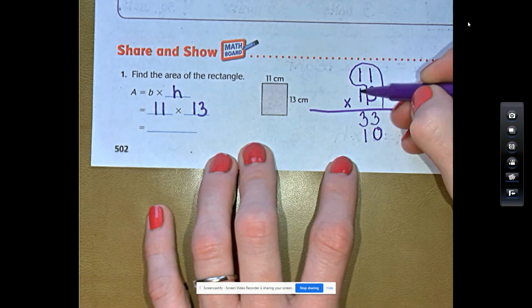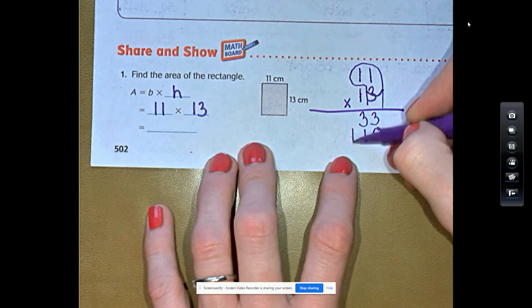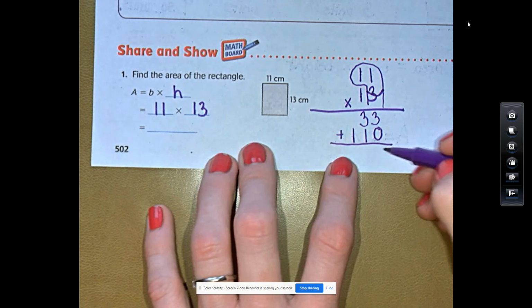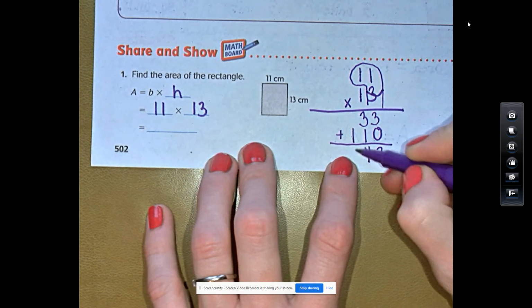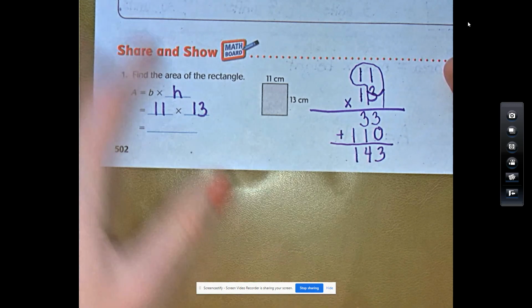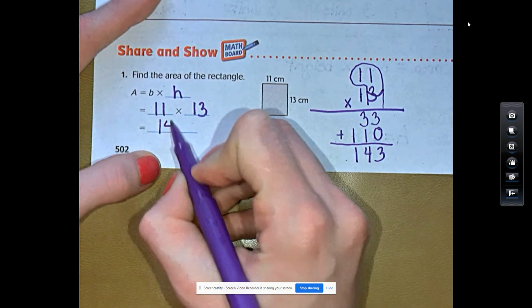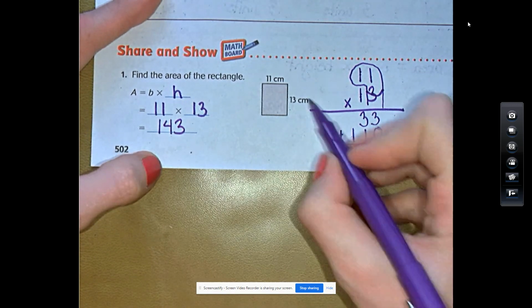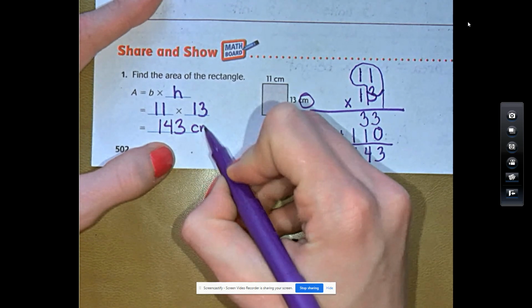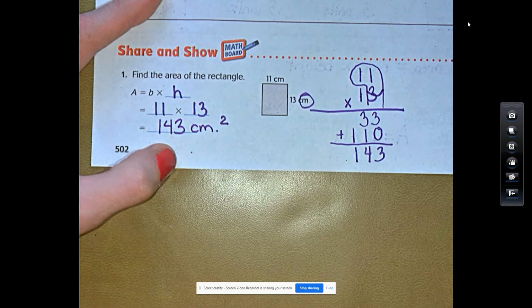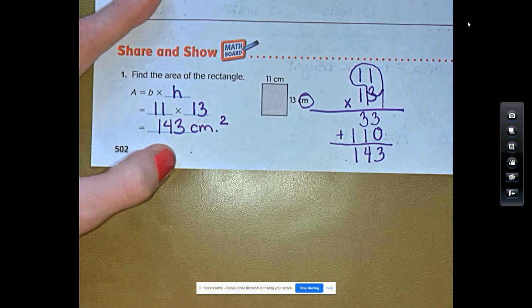Add your partial products. The area is 143. Do I have a unit? Centimeters squared. You have to get that squared in there.